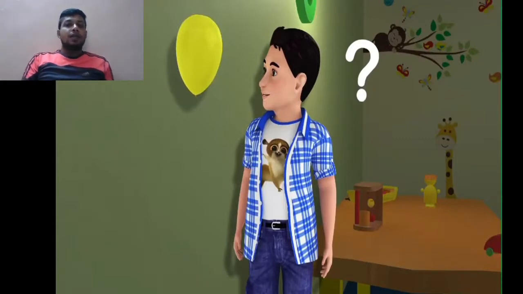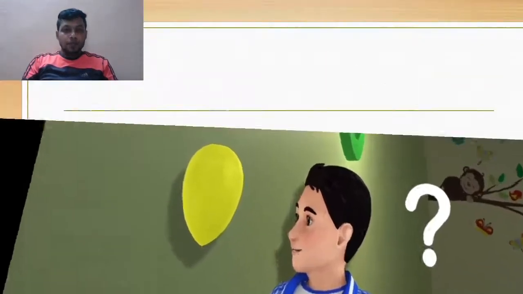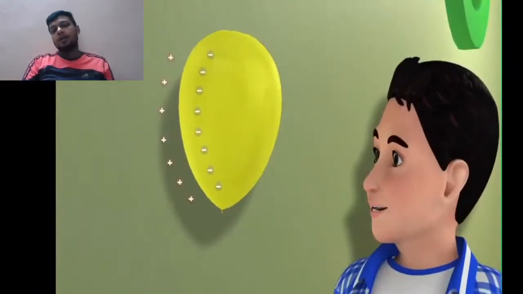Here the wall is positively charged and the balloon is negatively charged, and because they are opposite charges, they attract each other. The charges on these two in turn develop due to the charged particles present in them. Such charged particles are present in every matter. Because of this, the balloon will stick to the wall.